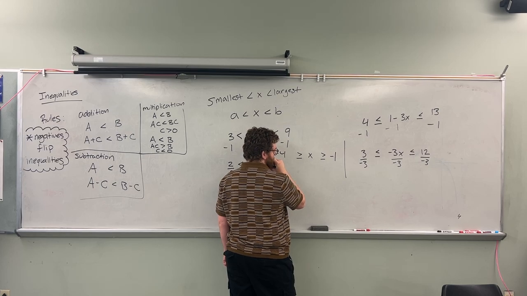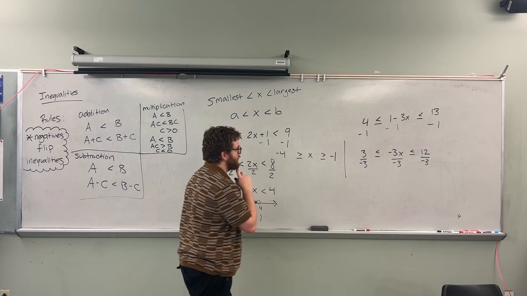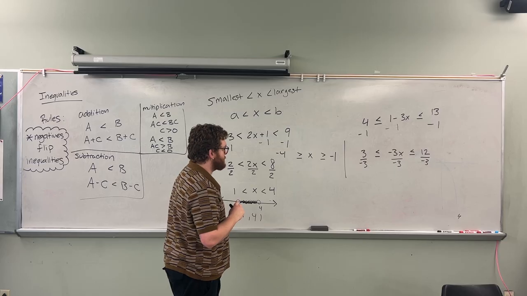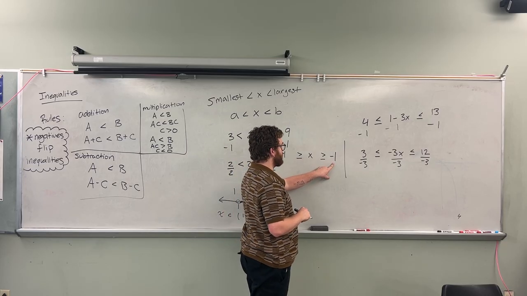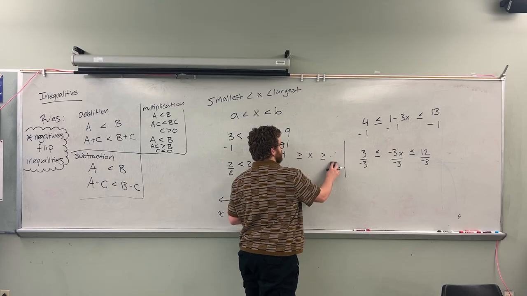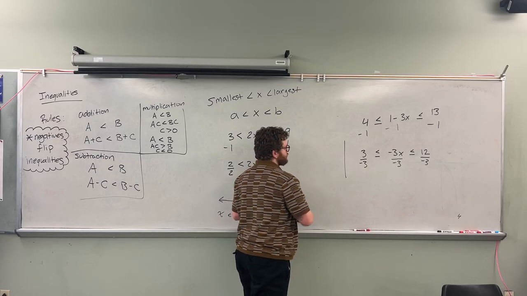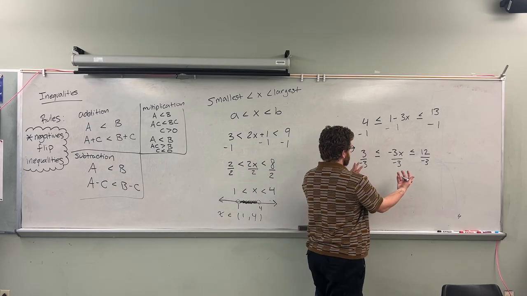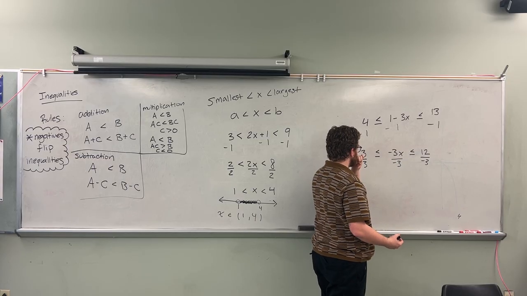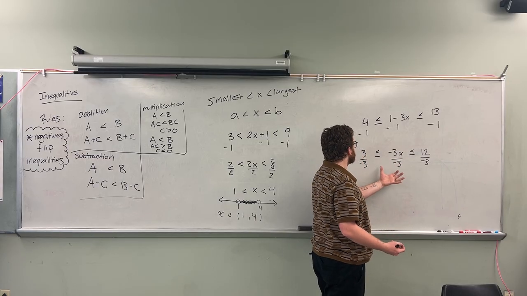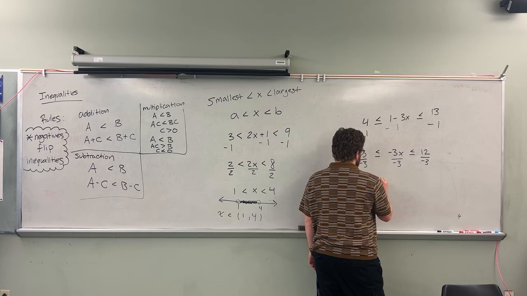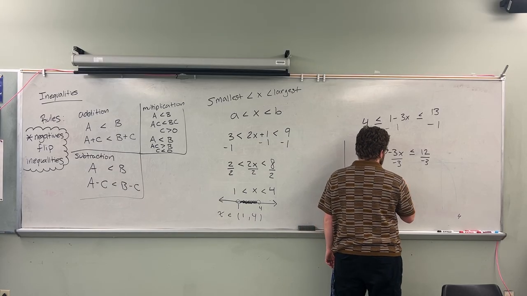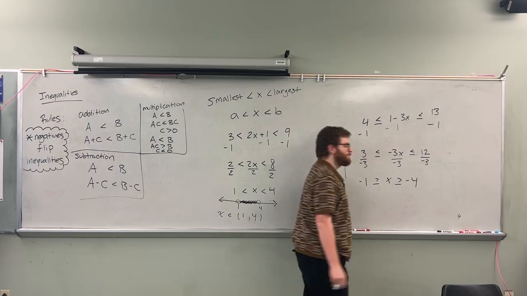That's not entirely true though. I don't want to mirror everything. Because -4 is not greater than -1. What do I mean to say instead? All of the signs do flip. This is true. So I get -1, flip that sign, x, flip that sign, -4.